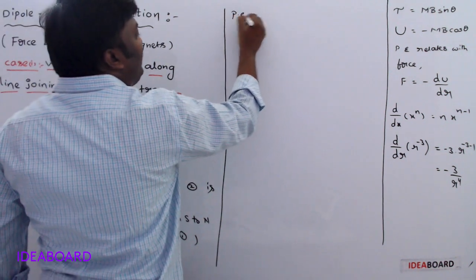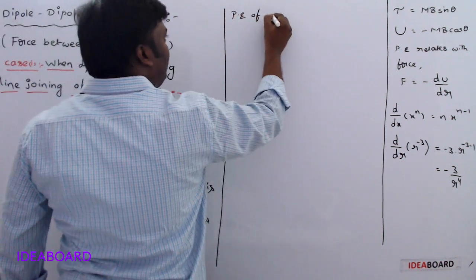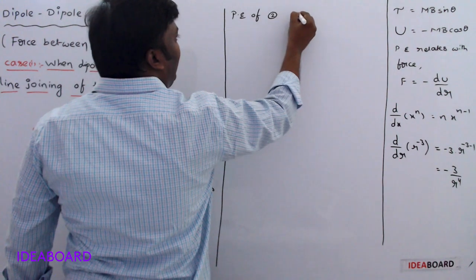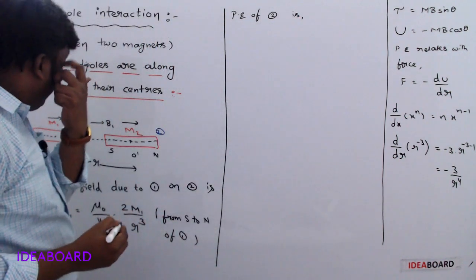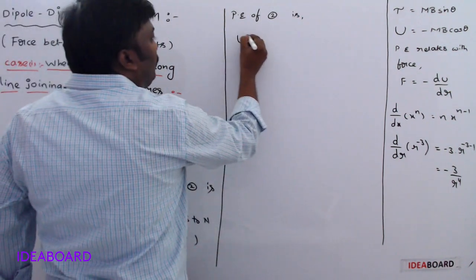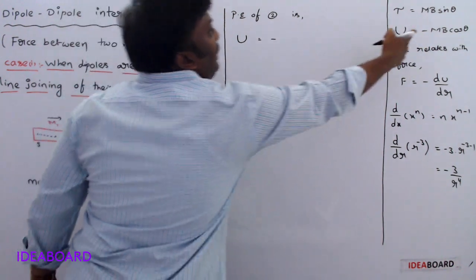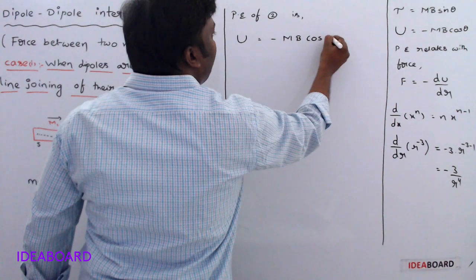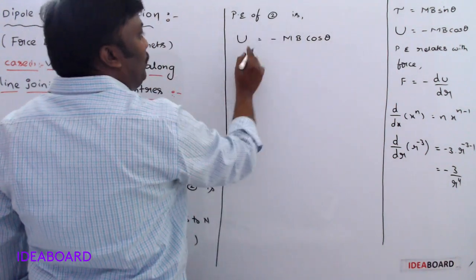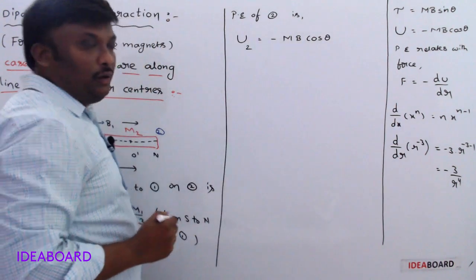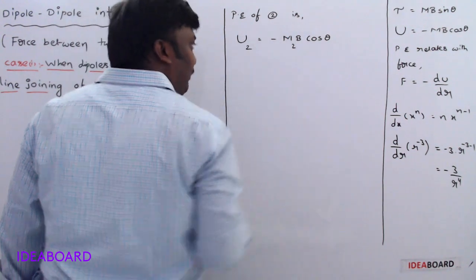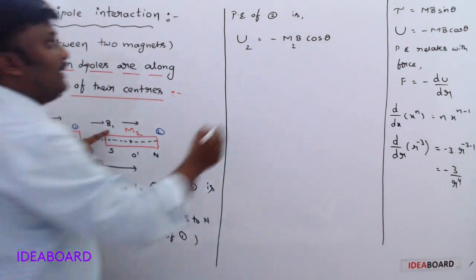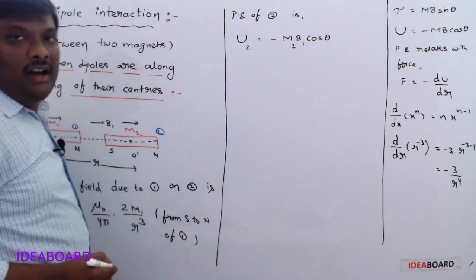The potential energy formula is U equal to minus m b cos theta. So the potential energy of 2 is U2 equal to minus m2 B1 cos theta.